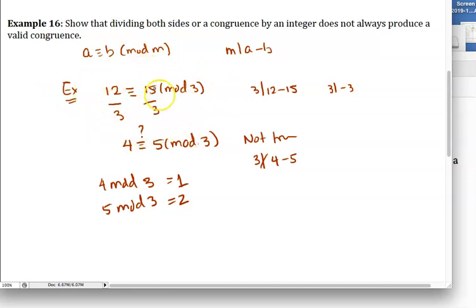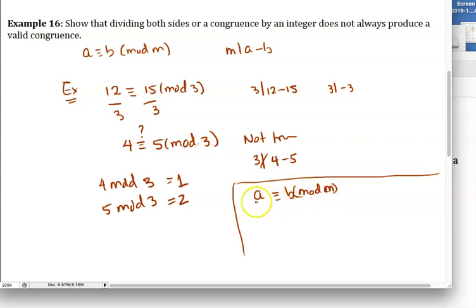We saw that addition and multiplication worked. In the last section we saw that if a is congruent to b mod m, and c is congruent to d mod m, then ac is congruent to bd mod m.